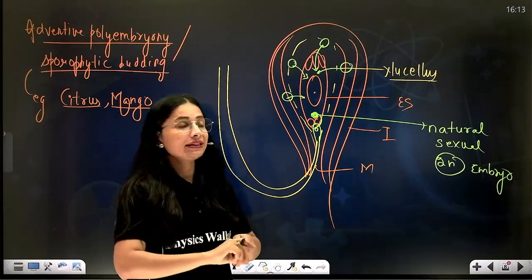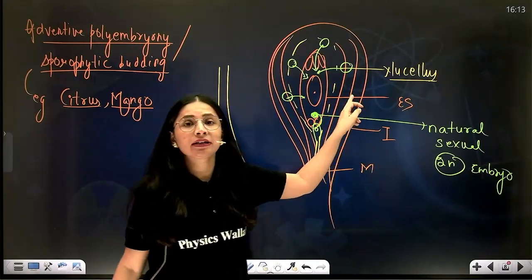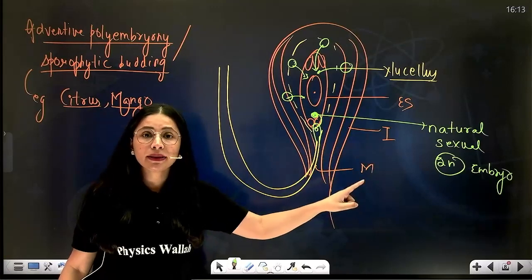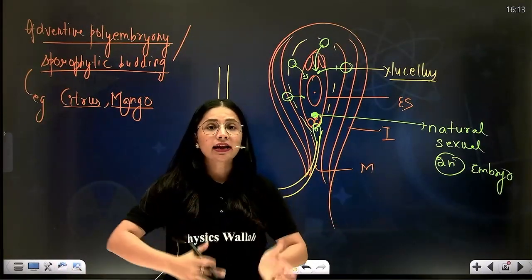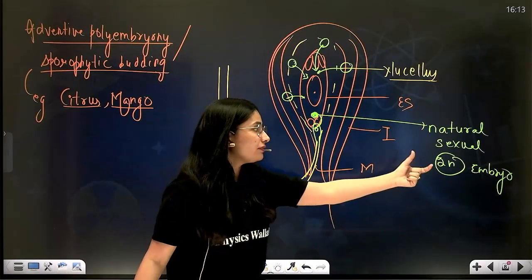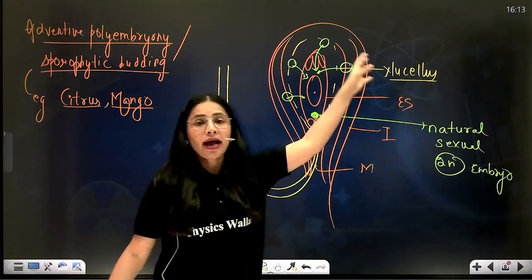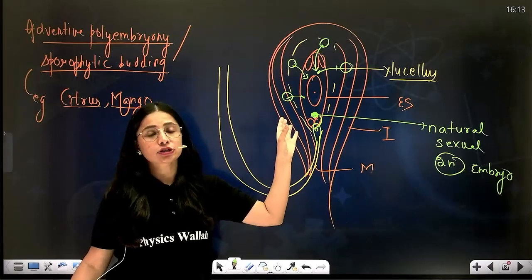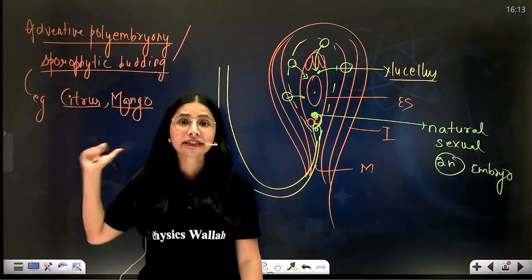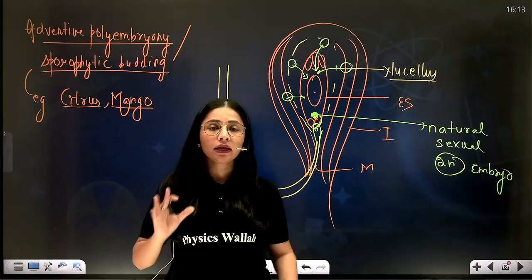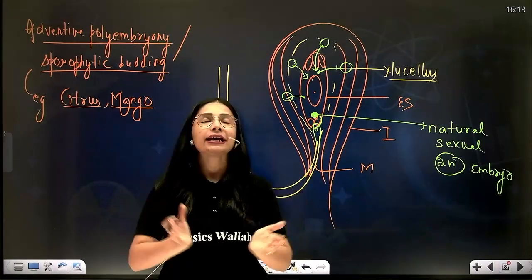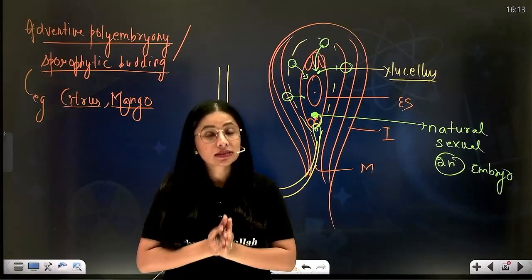Because of which these cells of integument and nucellus can also behave as embryo. Now, in one sac, there are more than one embryo, one natural sexual embryo and some more asexual embryos. So, this condition is known as polyembryony. Many more embryos in an embryo sac.